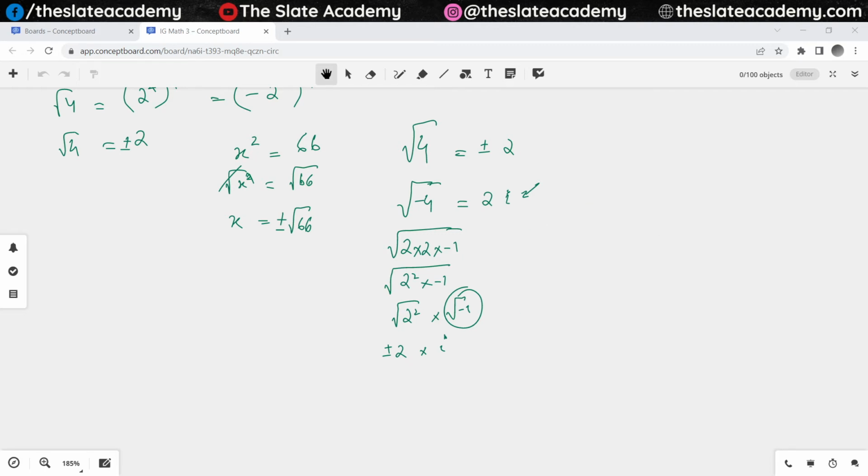These questions would be simple enough. So for example, if I've got under root minus 16, without referring to the calculator, I know 16 is the square of 4, and the minus would give rise to root minus 1. So this would give me 4 times under root minus 1, so 4 iota.